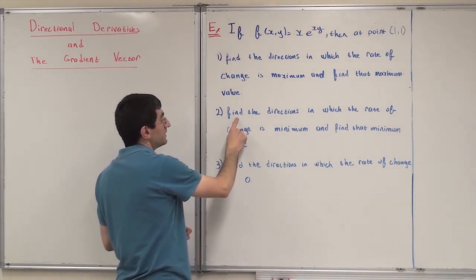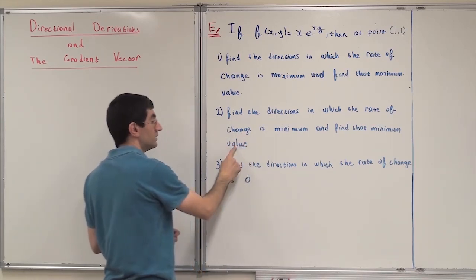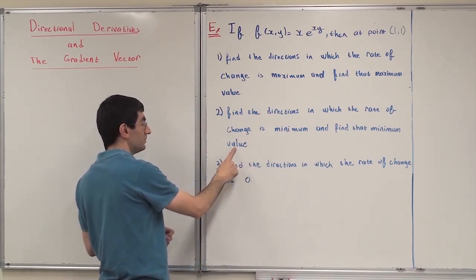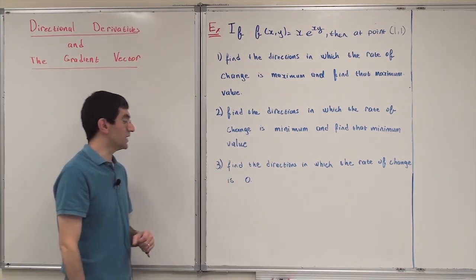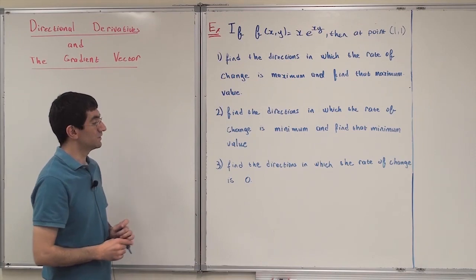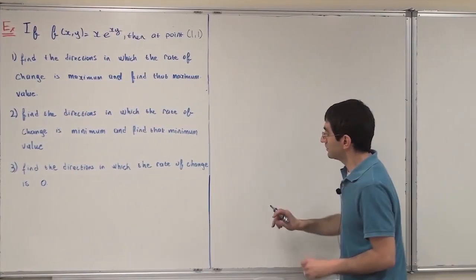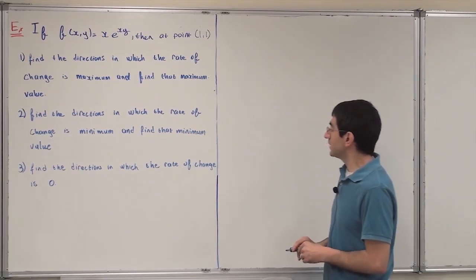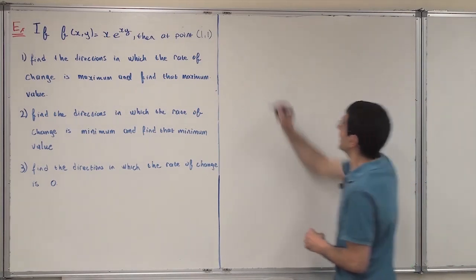Second, we'd like to find the directions in which the rate of change in f is minimum, and we would like to find that minimum value. And lastly, we'd like to find the directions in which the rate of change is equal to 0. So let me first remind you that by rate of change, we mean the directional derivative of f.